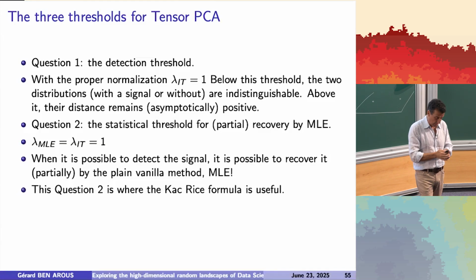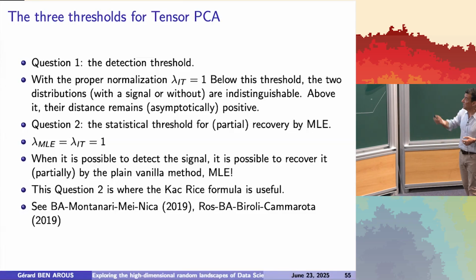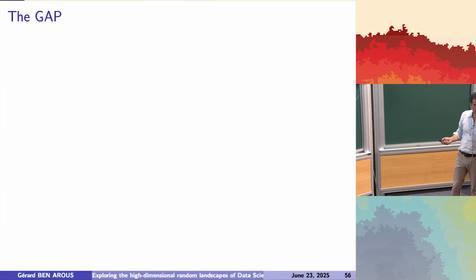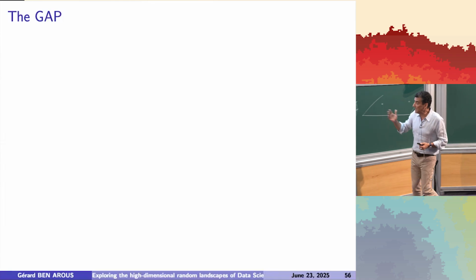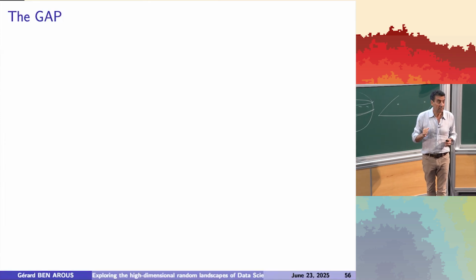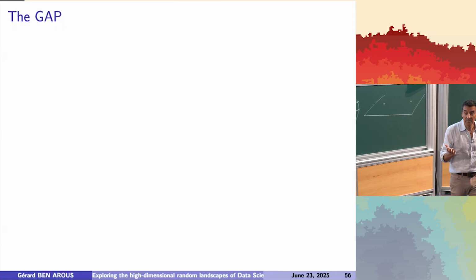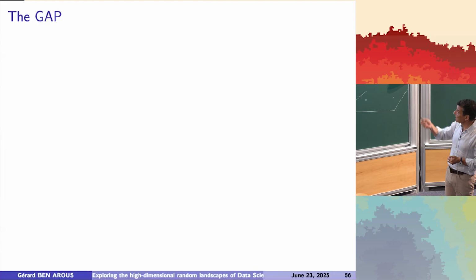The complexity of this function has been studied. Here are some results. I will come back to that. I didn't write the log likelihood, but the question is whether the log likelihood function will be complex. We'll see that. Now let's talk about the gap.